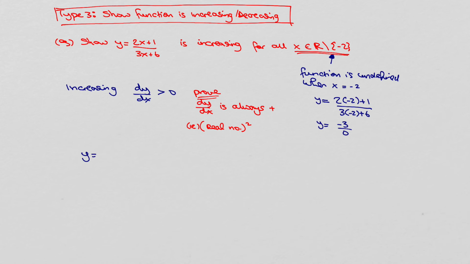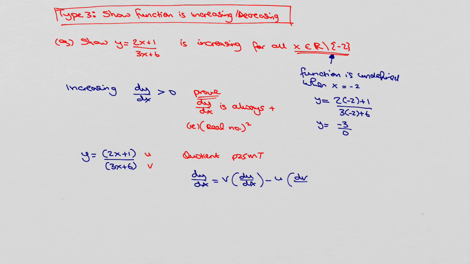So if I look at that function, well, we have 2x plus 1 over 3x plus 6. And if I put that in brackets, we should hopefully spot that that's a function in x over a function in x, which means it has to be the quotient rule. And if we go to page 25 in the maths tables, we find that our quotient rule is dy/dx is equal to v times du/dx minus u times dv/dx all over v squared.